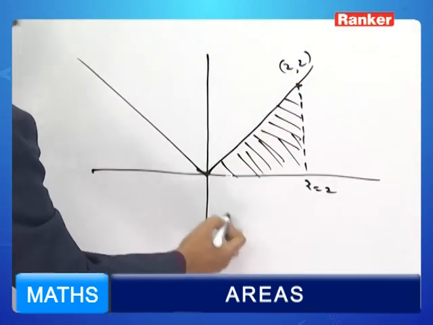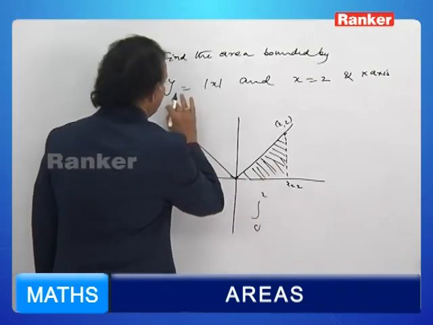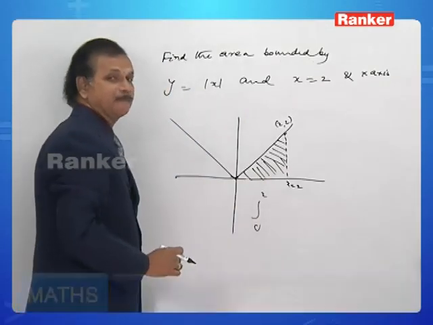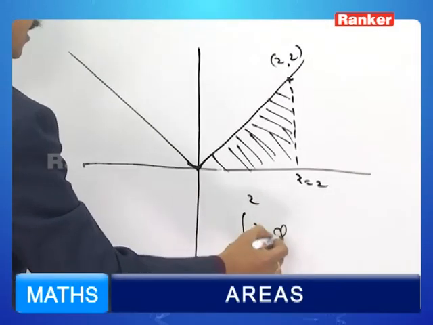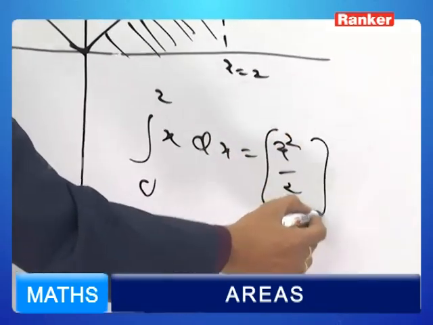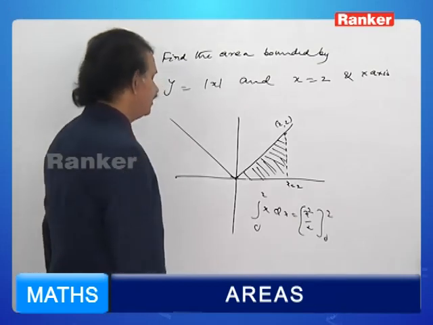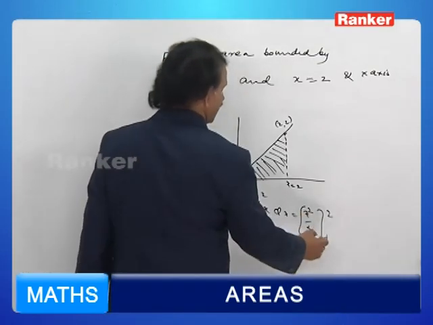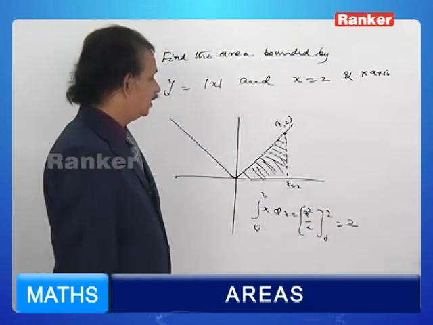This area is integral 0 to 2, y is equal to mod x. Do you take plus x or minus x? This is in the positive region, so x dx. So it is x square by 2 between the limits 0 and 2. If you take 2 in the substitution, 2 square by 2 is 4 by 2 is 2, and if you take 0 it is 0.